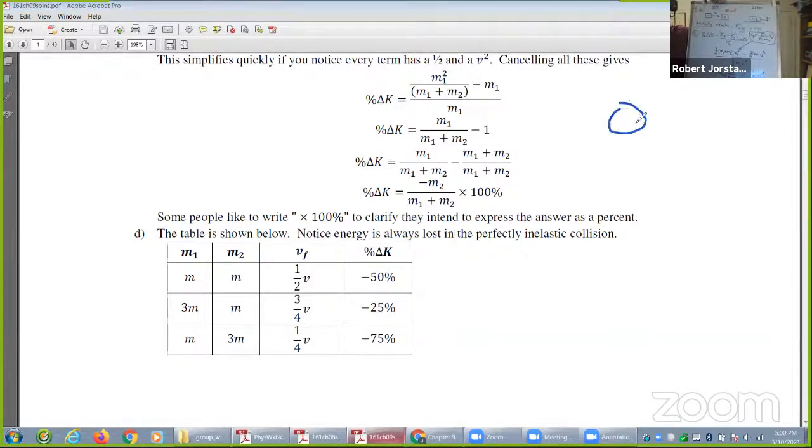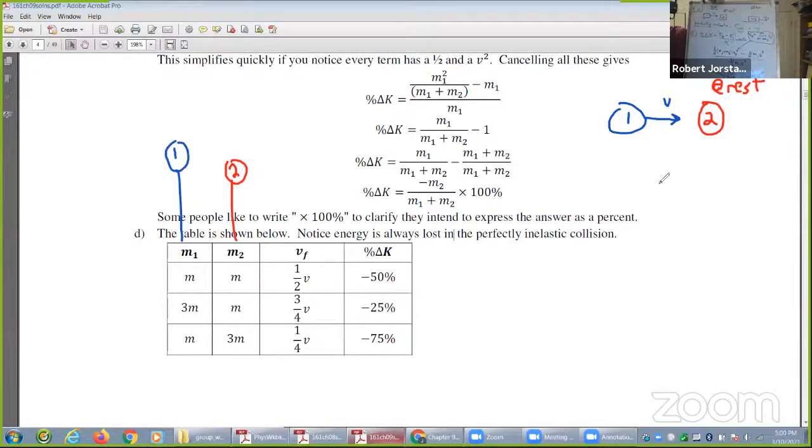We've got object 1 that's initially moving with speed v, hitting object 2, which is initially at rest. So this is number 2. This one is number 1.